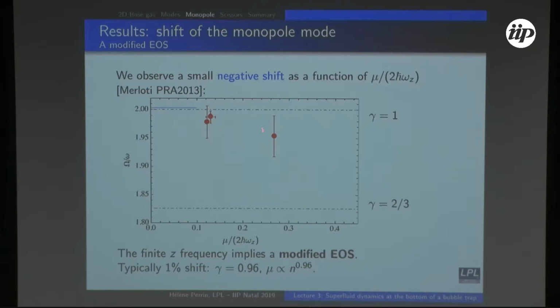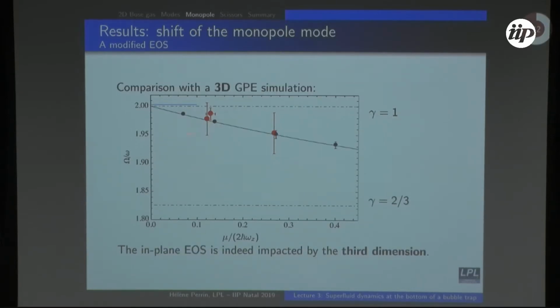And for example, for this kind of data, we observe a modified equation of state where instead of being proportional to n, it's proportional to n to the power of 6 or something. This is confirmed by performing a 3-dimensional Gross-Pitaevskii simulation, where we take into account the fact that it's not purely a 2D gas, but there is a third direction.